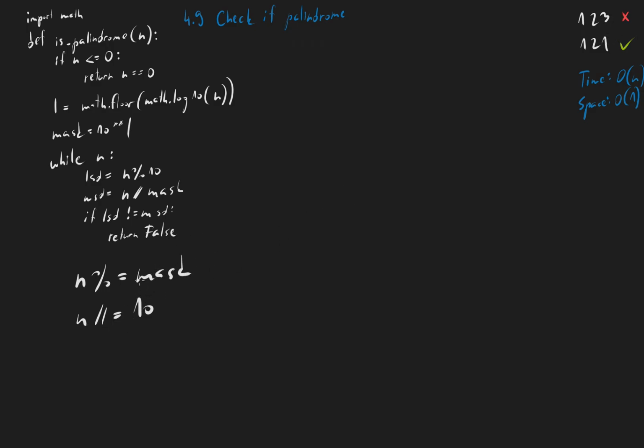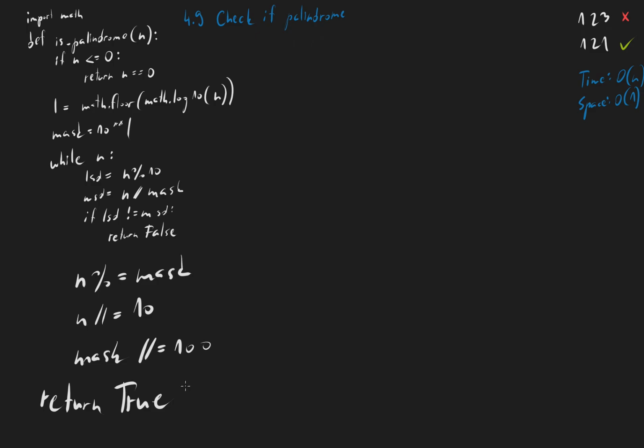And for the mask, we need to remove 2 digits, right? So we just divide by 100. Okay. And after we're done, if we are done with n, we know that it's a palindrome, so just return true.